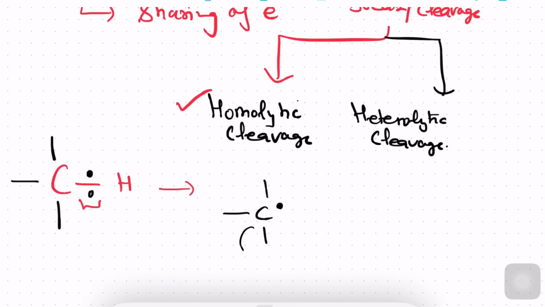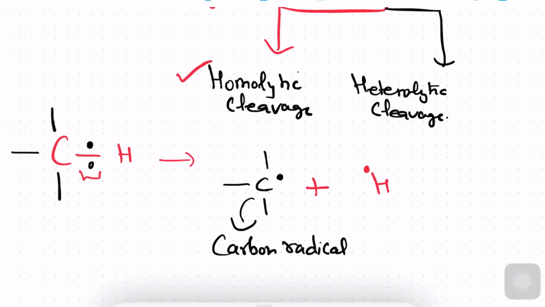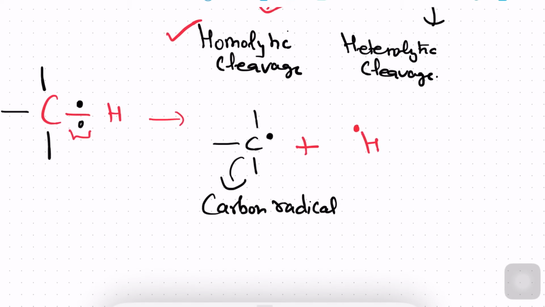So this is known as carbon radical, and you are going to see the formation of this hydrogen, which will also have a single electron. Now this will be known as hydrogen atom.